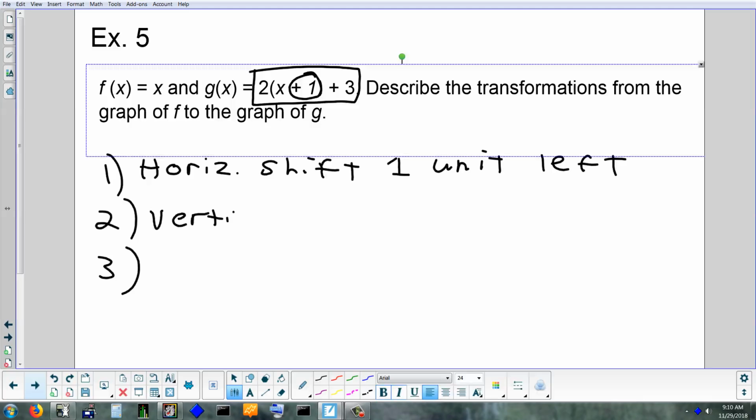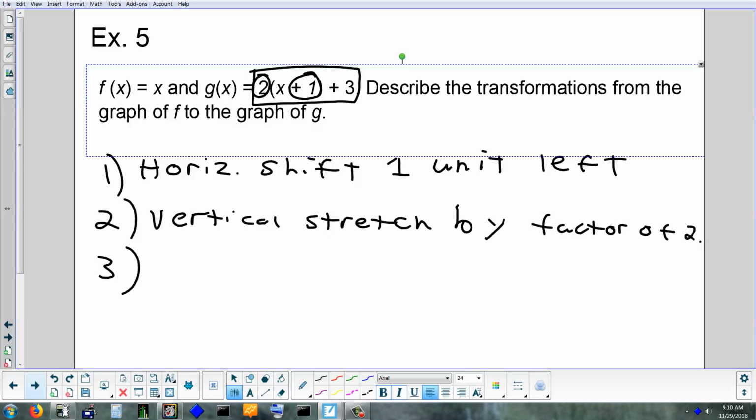So vertical stretch by, and can somebody finish that off? How do you word it? Vertical stretch by factor of, and what number would I put? 2. The 2 is controlling the vertical stretch.